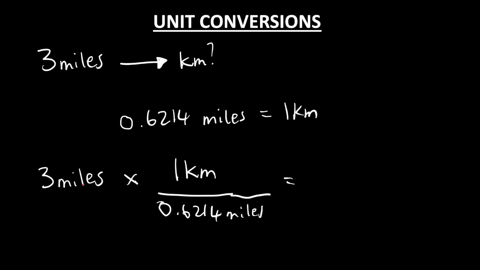Now we know this again because now we can cancel miles, leaving our answer in kilometers. And the answer will be 4.8278... And in scientific notation, using the correct number of significant figures, the answer will be 5 kilometers.